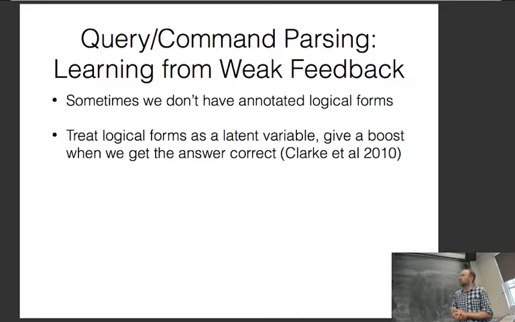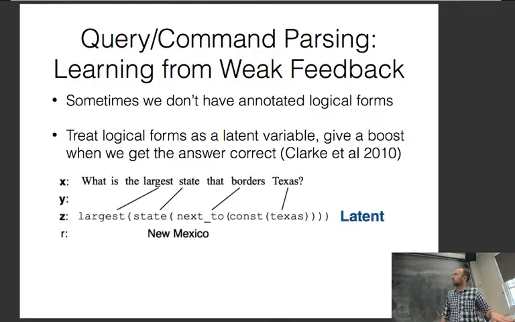So what we can do instead is treat the logical forms, the structured representations that we want to use, as a latent variable, and guess what that variable is, and then when we get the answer correct, we give a boost to that particular logical form.